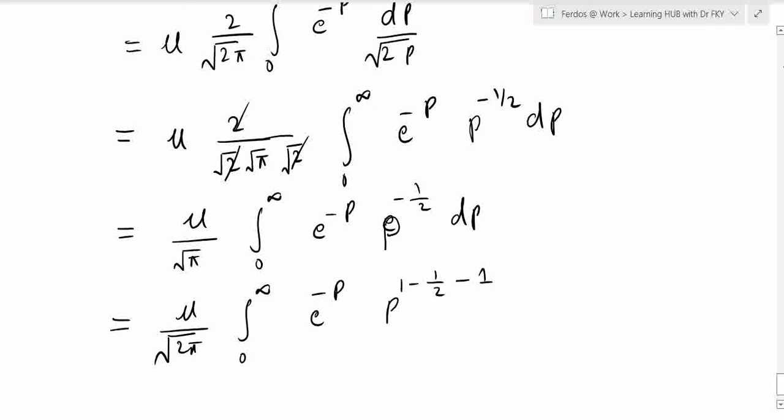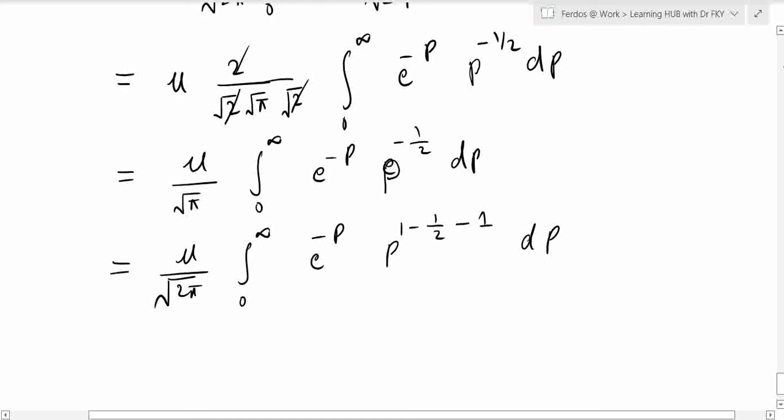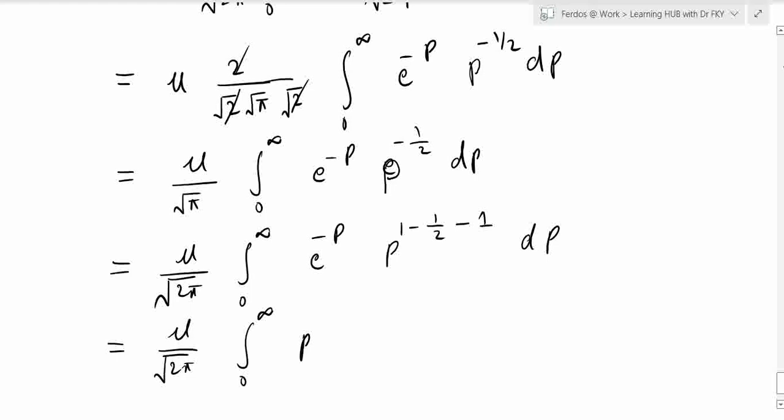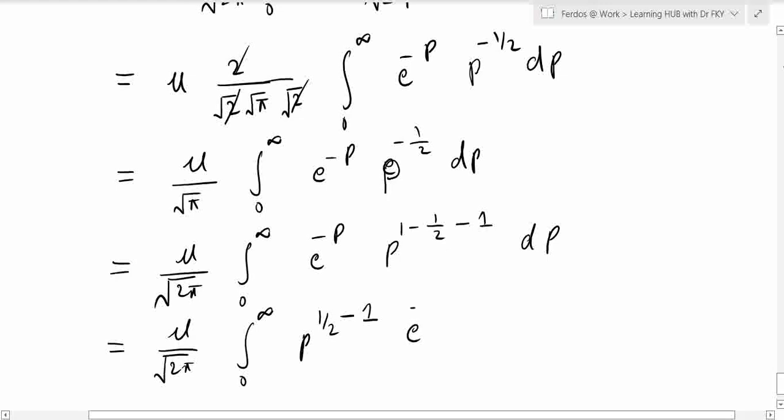I just added and subtracted 1; I did nothing else. This is equal to mu divided by the square root of pi, 0 to infinity, p power 1 divided by 2 minus 1, e power minus p dp.